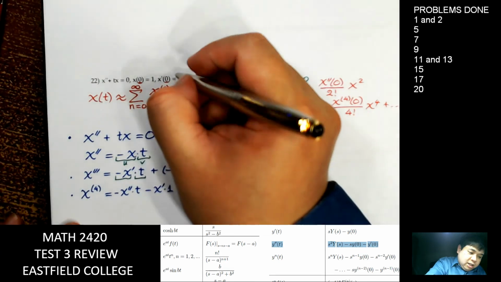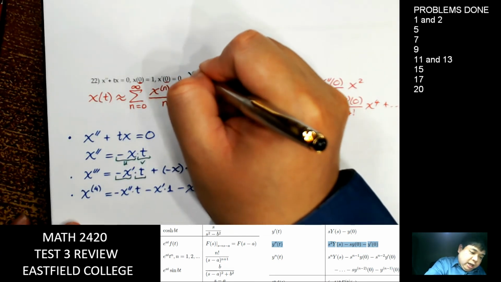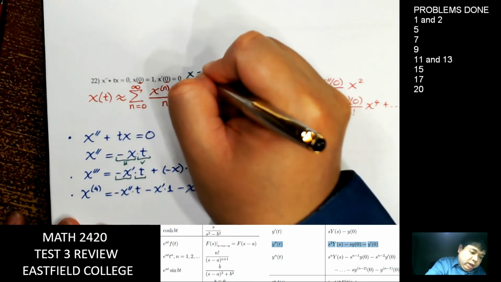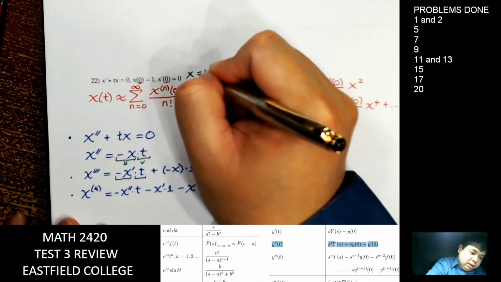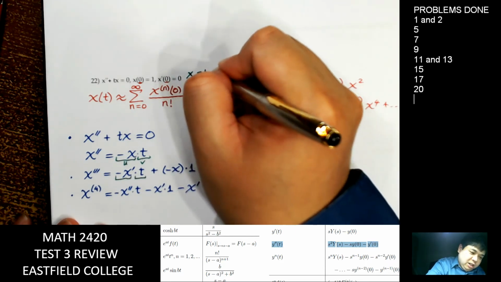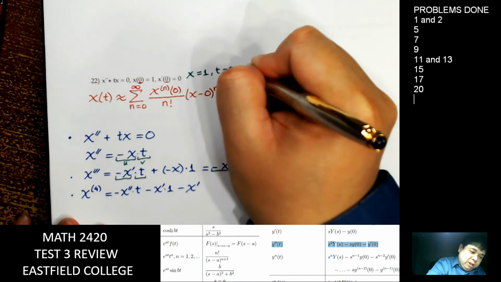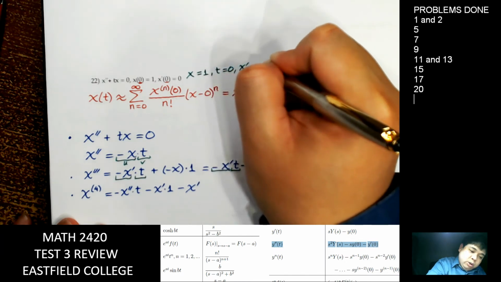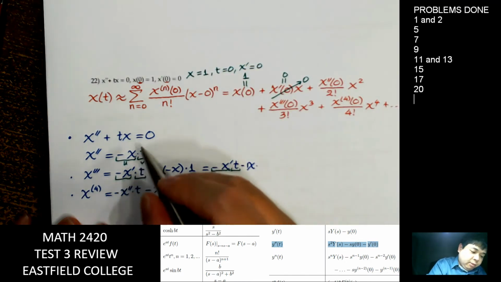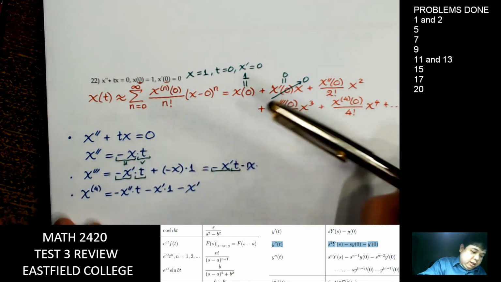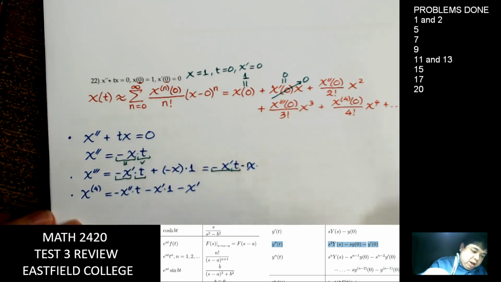We know that from here x of 0 equals 1, t equals 0, and the derivative equals 0. So let's put the values in.